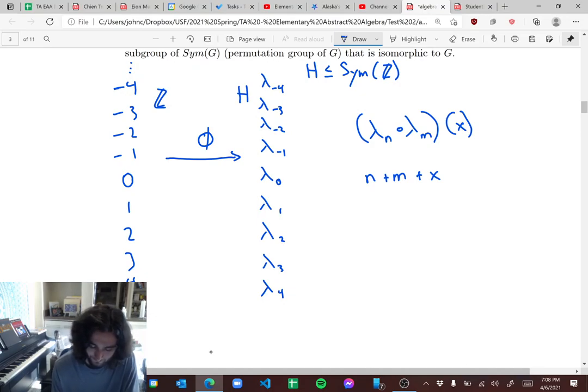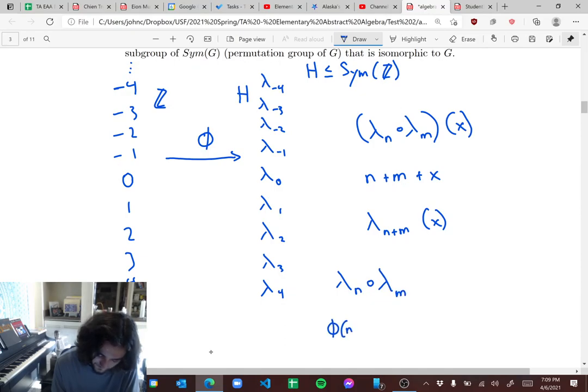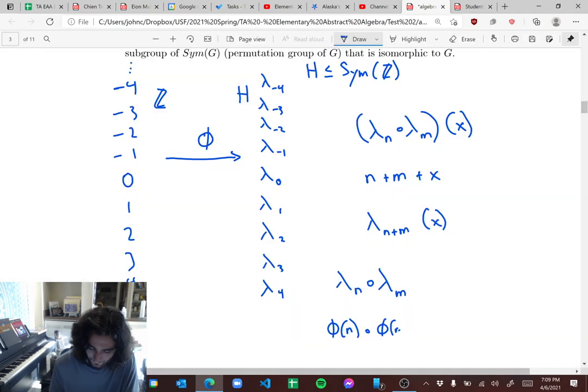And so that's the same as lambda n plus m of x. So you can see that multiplication in the lambdas over here, that's phi of n times phi of m, is equal to addition in the subscript, I should say.